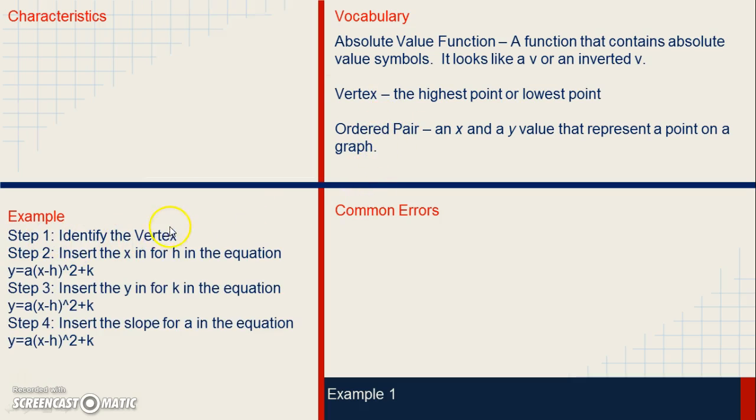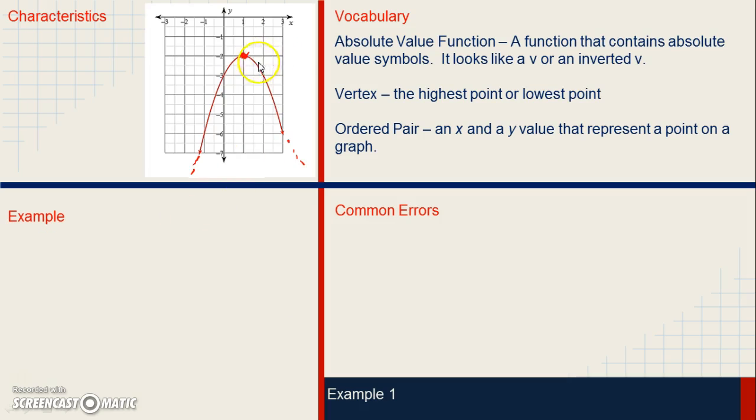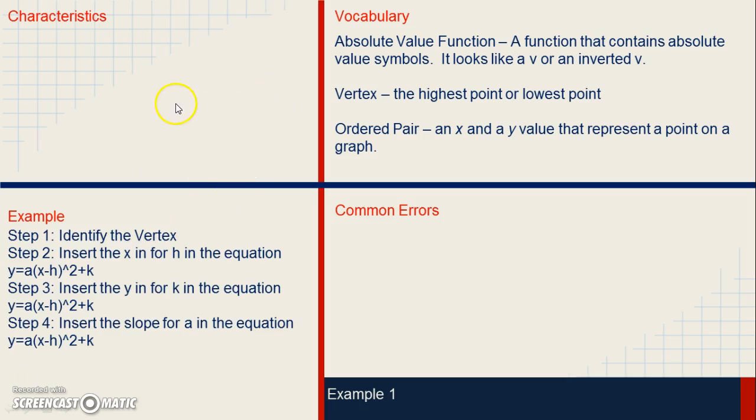So here are our steps. Identify the vertex. Well, here's our vertex. It's at 1, -2. So we have a vertex at 1, -2. Insert the x for the h. So here's my x, here's my y. So we know that's going to be h, and that's going to be k. And we end up with y equals a, parentheses. Step 2 is to insert the x.